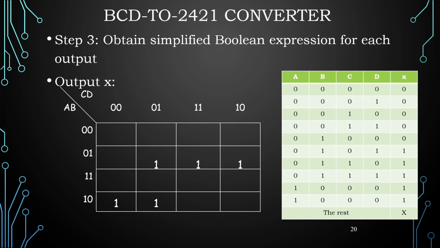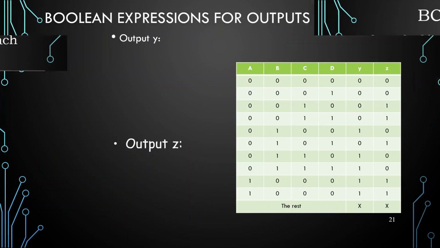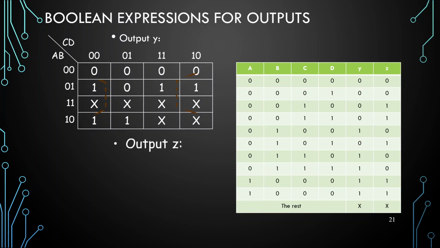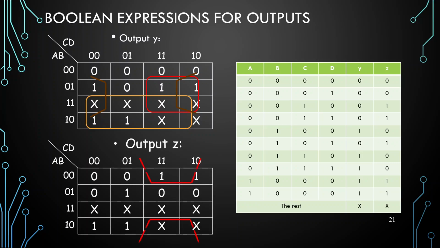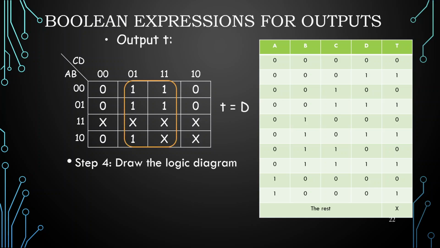That expression is the expression for X. Similarly, I can go for the expression for Y, the expression for Z by entering the values of Z, and T by entering the values of T. We will take all those expressions.